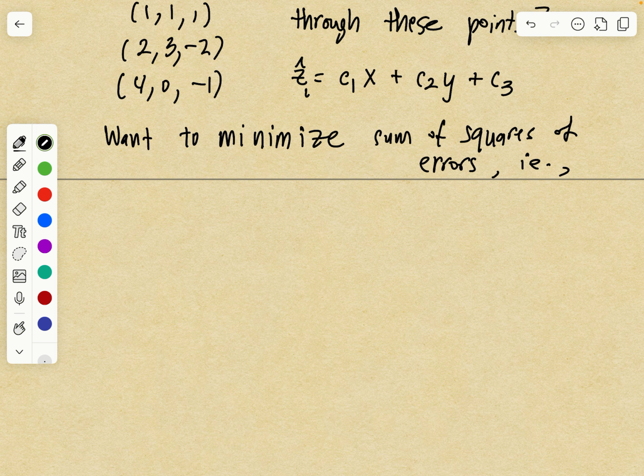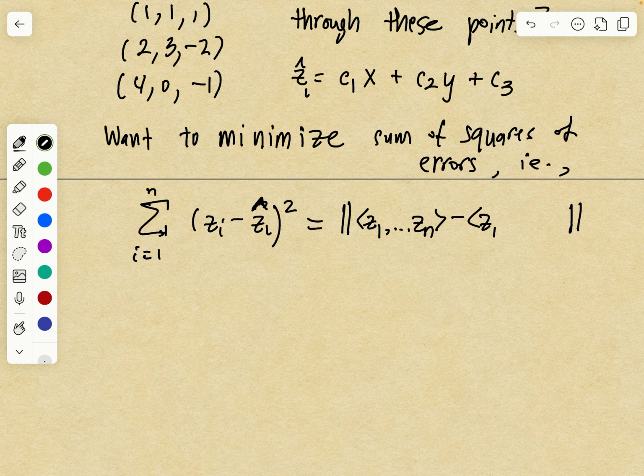And what is that? The sum of the squares of the errors. In general, if you have n data points, it's the sum from i equals 1 to n of (zi minus zi hat) squared. And again, this is the same as the squared length of the vector (z1, ..., zn) minus (z1 hat, ..., zn hat).